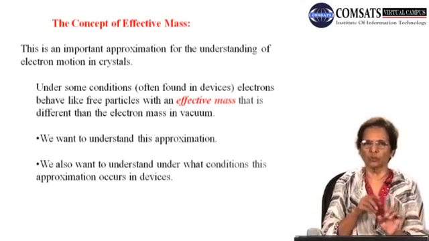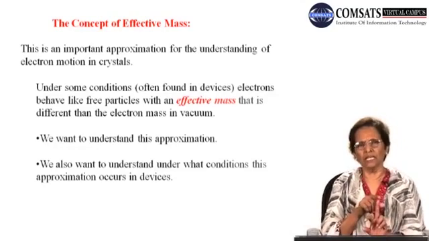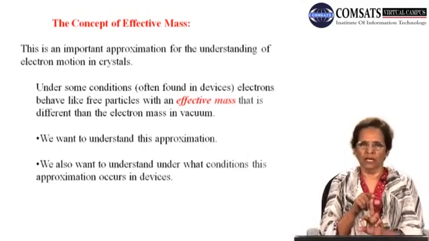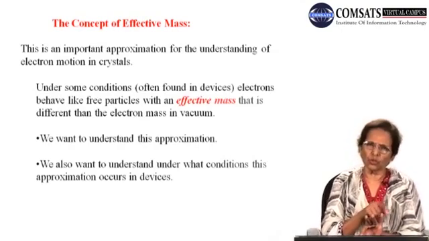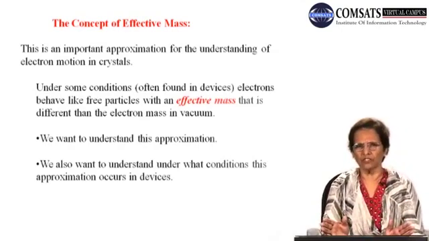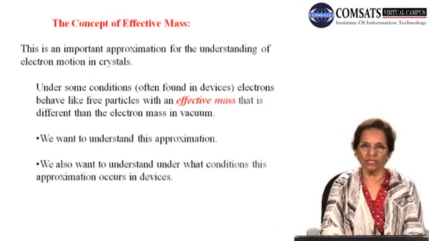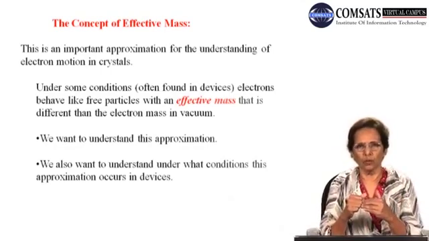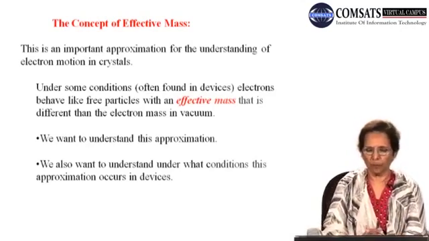These obstacles being, first of all, the ionized donor and ionized acceptor impurities, any impurities other than donor or acceptors, and defects in the crystal structure, and so on and so forth. There can be a large number of so-called scattering centers within a real crystal in which the electrons can collide while moving subject to the electric field.